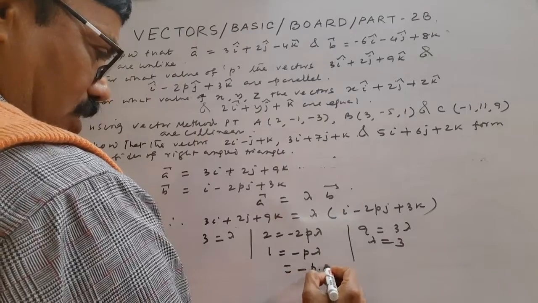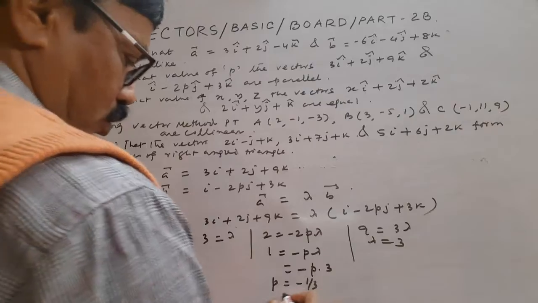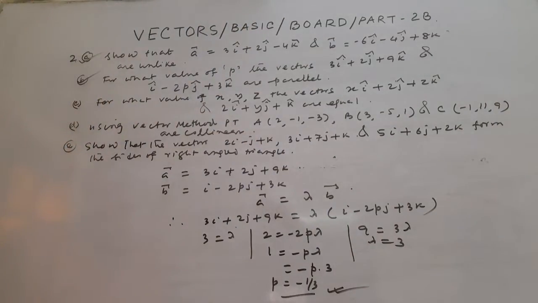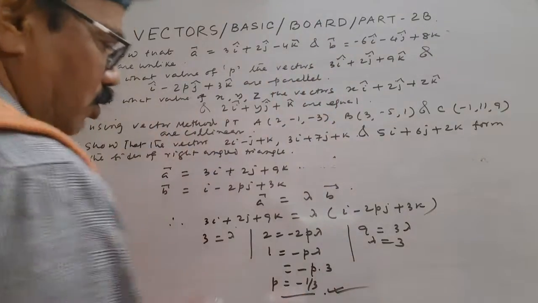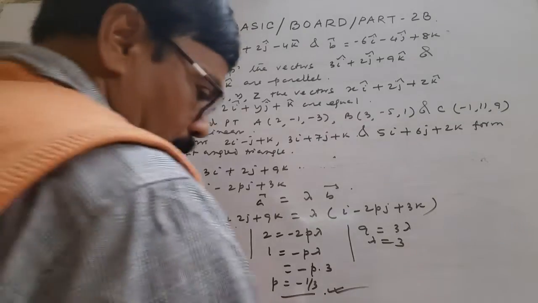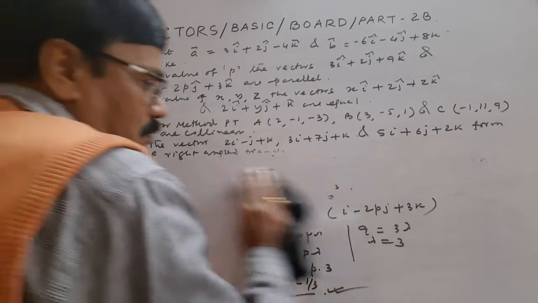Lambda is 3, so p equals minus 1 by 3. So if the two vectors are parallel, p equals minus 1 by 3. So these are basic problems. We are considering only basic problems.